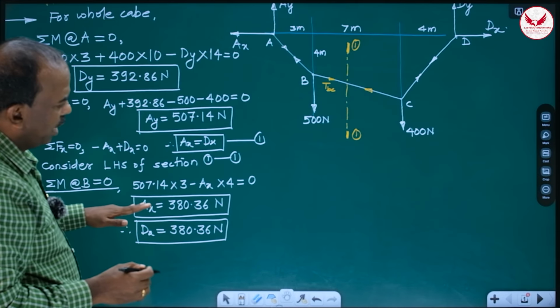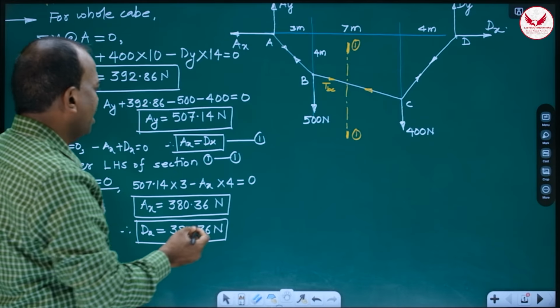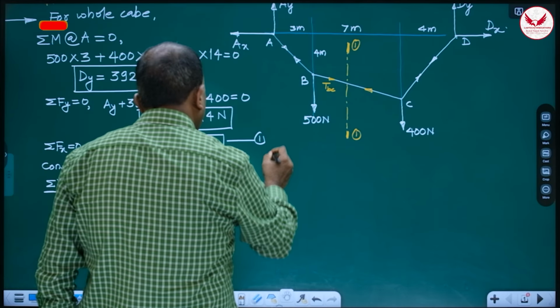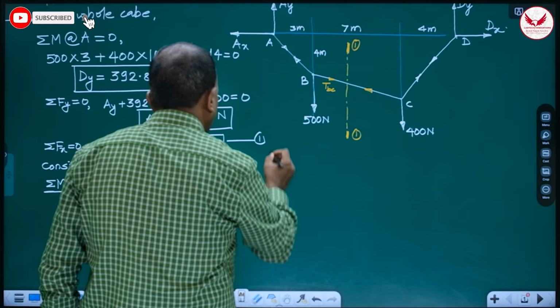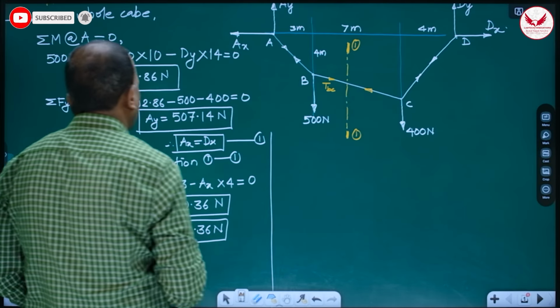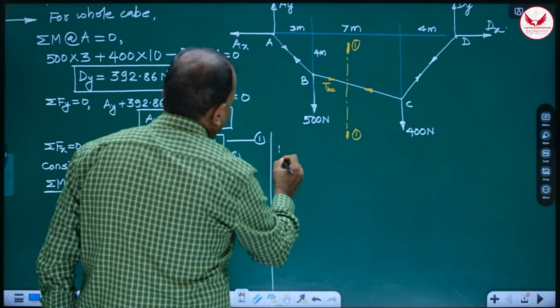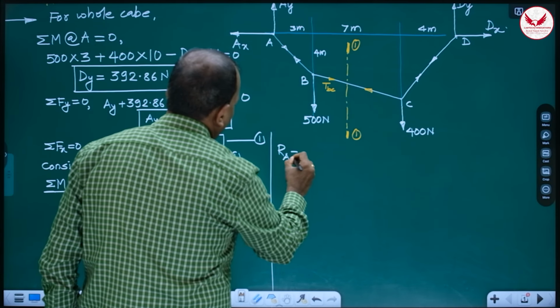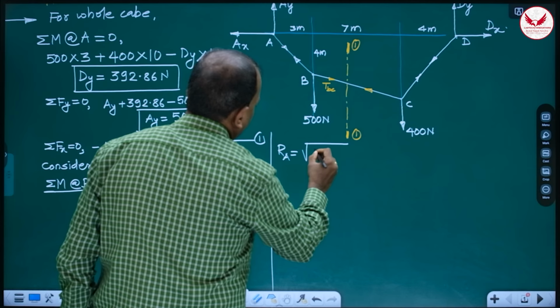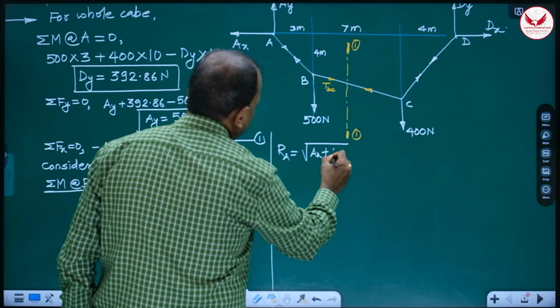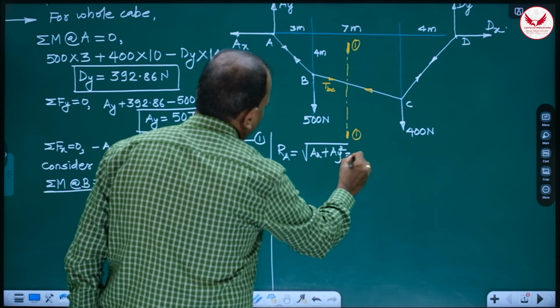Over that also, if you really need the reaction directly, since these are the components, then what will be the reaction at A? Reaction at A will be under root AX square plus AY square. It is very simple.